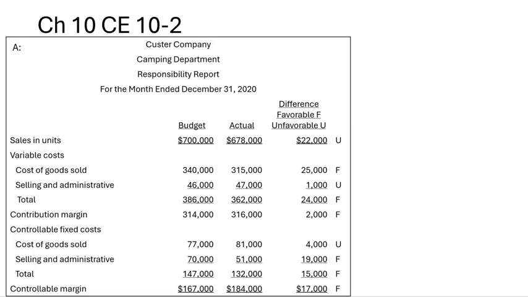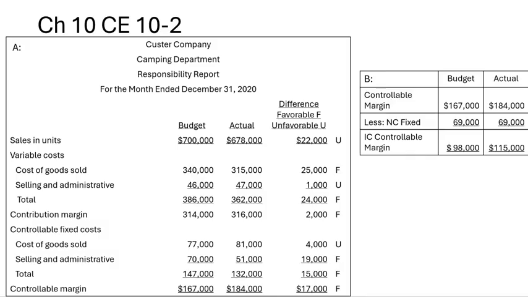The next question asked, what if we were an investment center? So now we're going to pull in our non-controllable fixed costs, which is uncontrollable at the profit center level, but at the investment center level, it is controllable, so we'll include that.